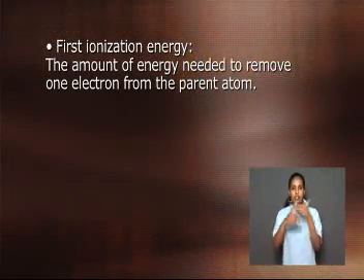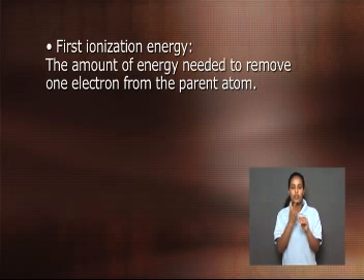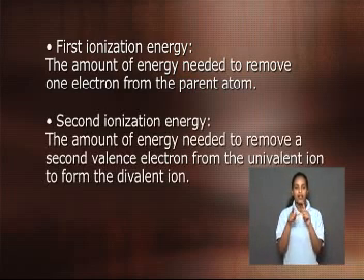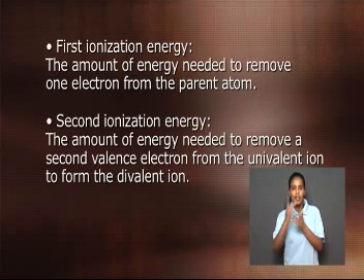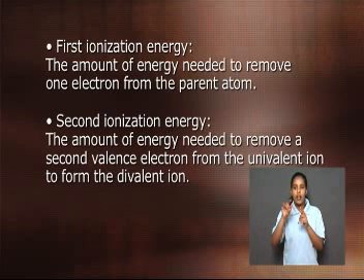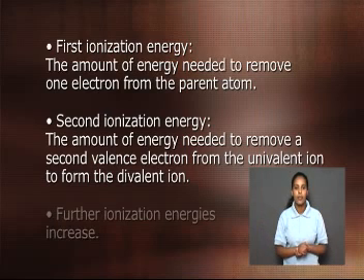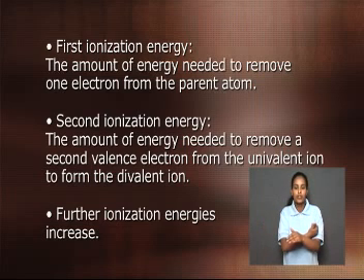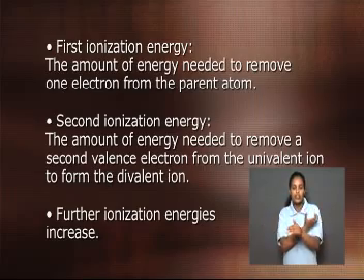The first ionization energy is the amount of energy that is needed to remove one electron from the parent atom. The second ionization energy is the amount of energy needed to remove a second valence electron from the univalent ion to form the divalent ion. It is always greater than the first ionization energy. Further ionization energies continue to increase.